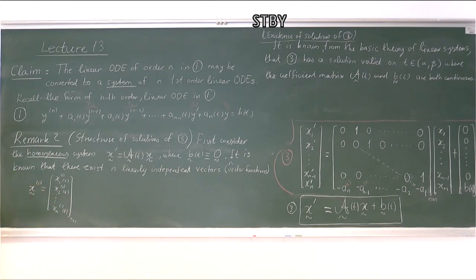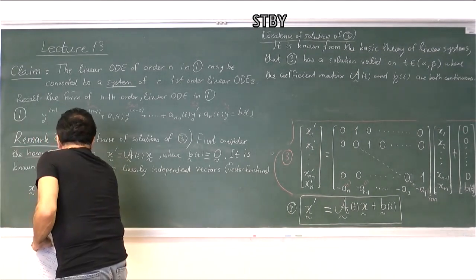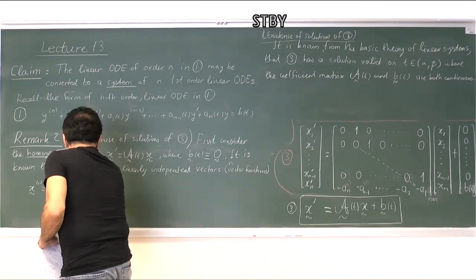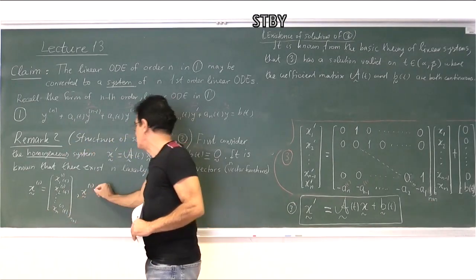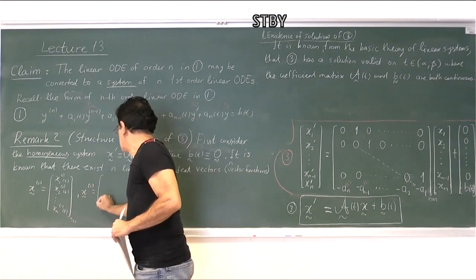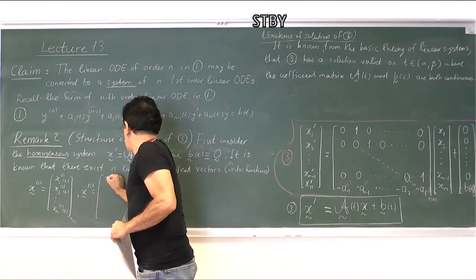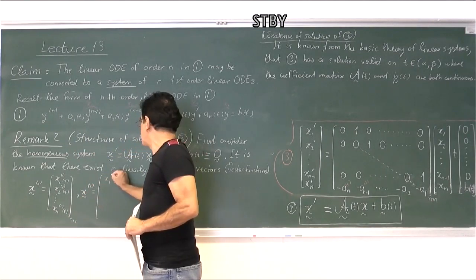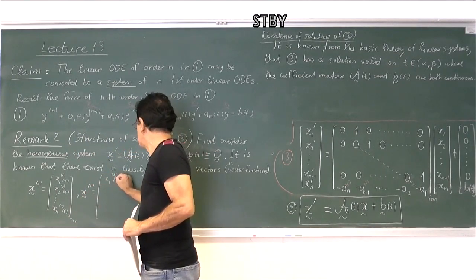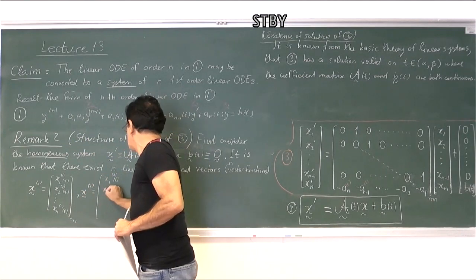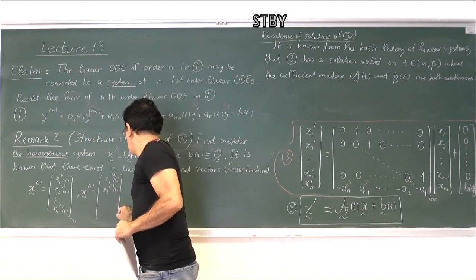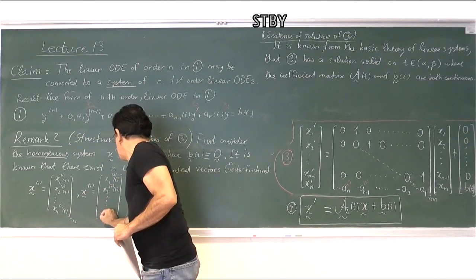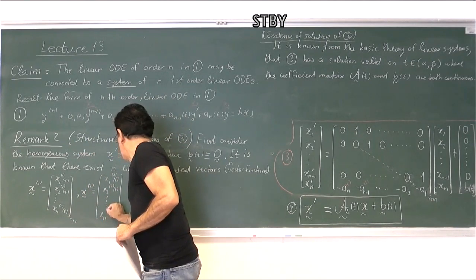The first one is this. The second one, similarly, is the second vector function, where the parentheses 2 denote the second vector solution. Components may be written again: the first component of the second function, the second component of the second function, and finally the nth component of the second vector function.